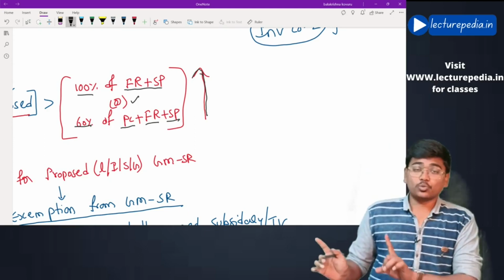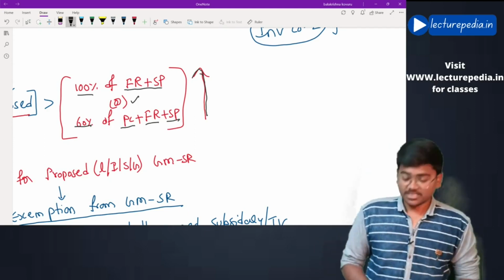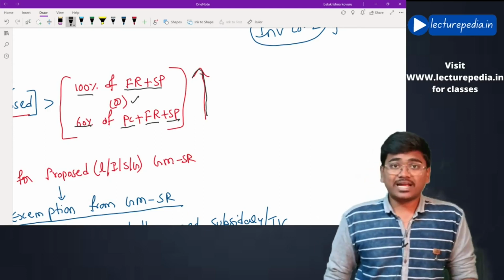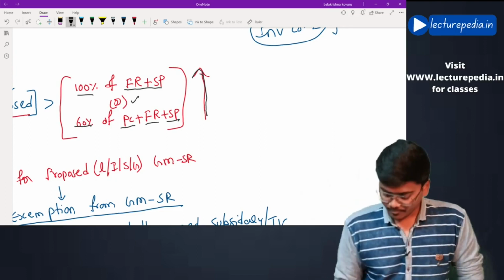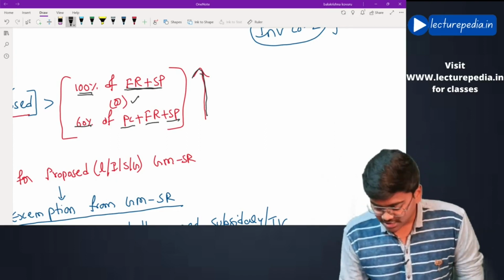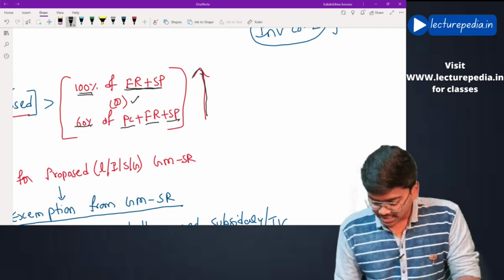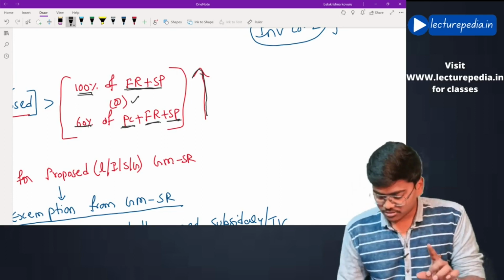See, you have to read it from back. See, first of all, you have to calculate higher of 100% of free reserves plus securities premium or 60% of paid up capital, free reserves, securities premium.